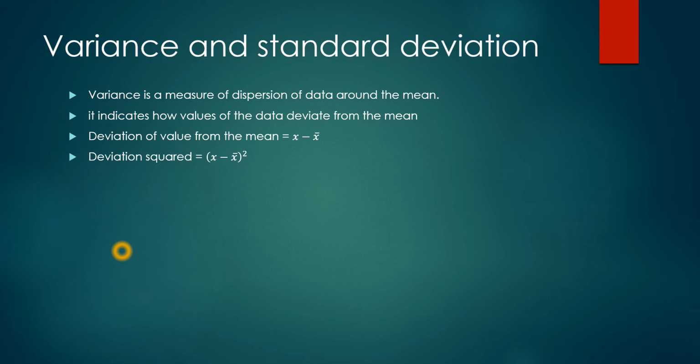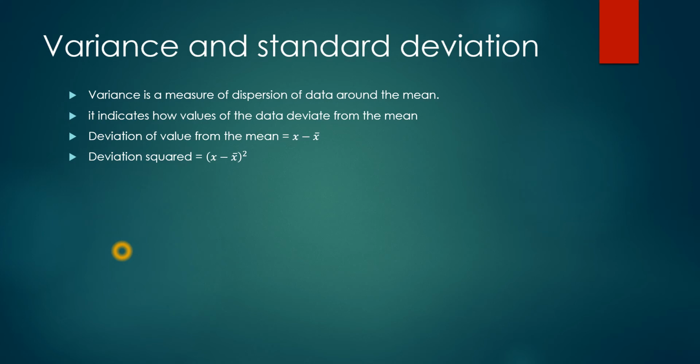That's the kind of thing we look at with variance or standard deviation. Variance is also called dispersion, and it indicates how the values are dispersed or deviated from the mean. So the mean is the center. Are the values close to the mean or are they far away from the mean? That's what it tells us in a simple sense.